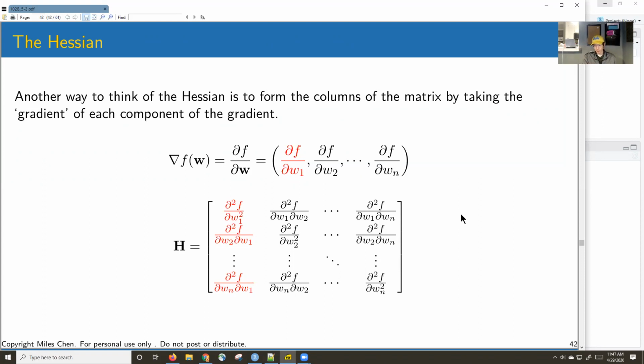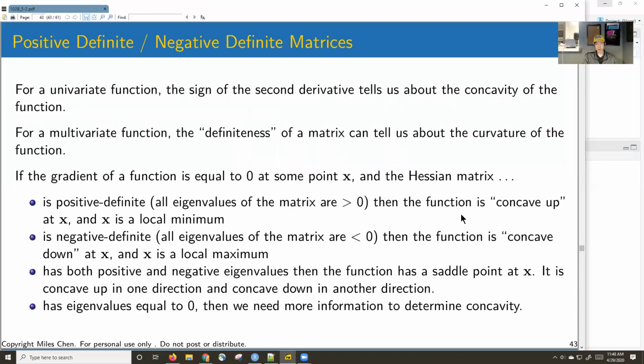What we can do with this is decide if something's concave up or concave down. With the univariate function, the sign of the second derivative, whether it was positive or negative, told you if it was concave up or concave down.